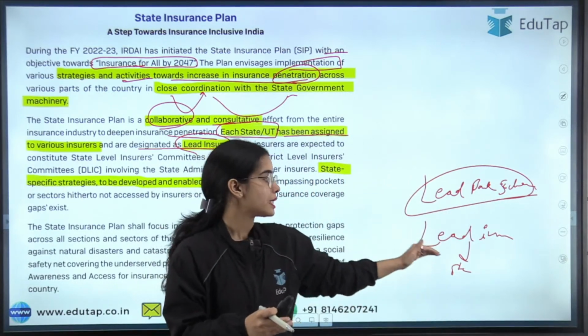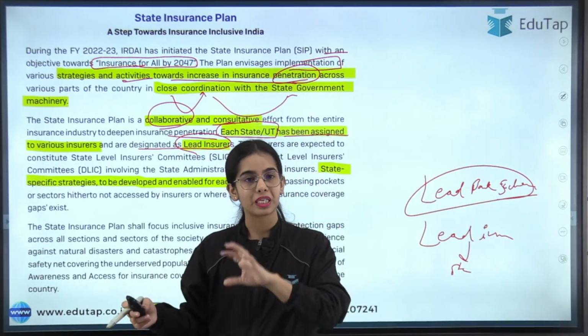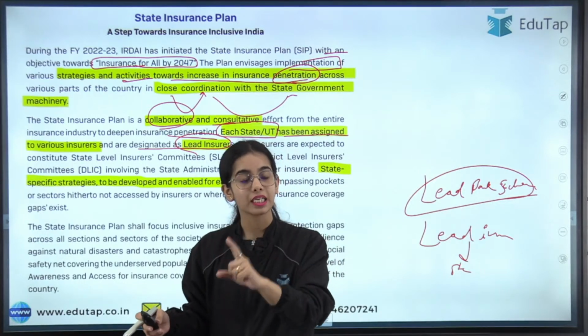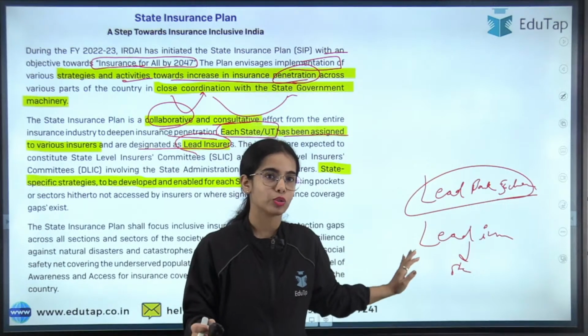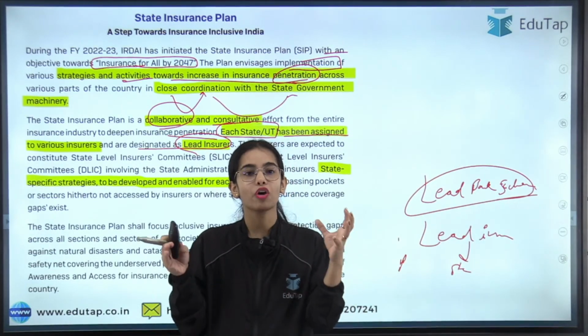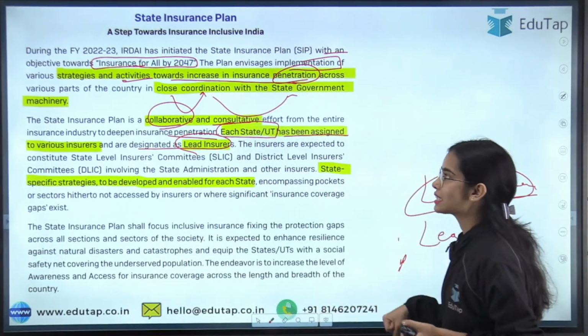Similarly, lead insurers are being identified. There will be multiple insurance companies having the responsibility to develop the insurance sector in a particular state or union territory. The lead insurers will have the responsibility to deepen the penetration of the insurance sector there.